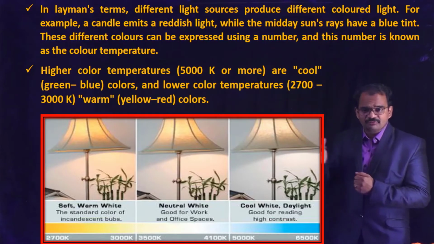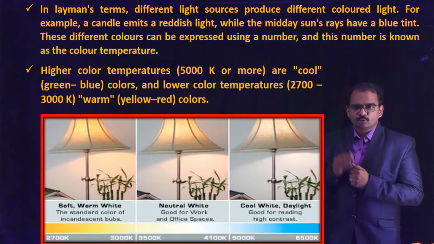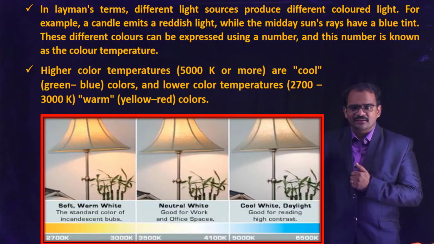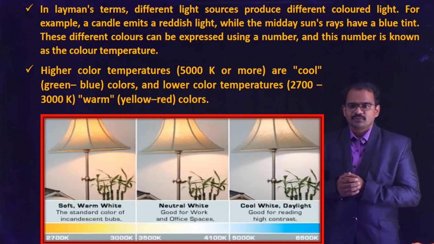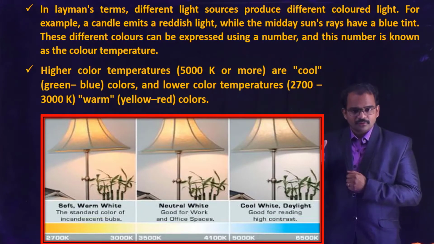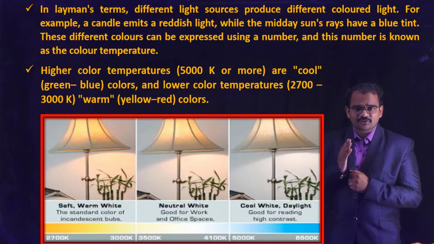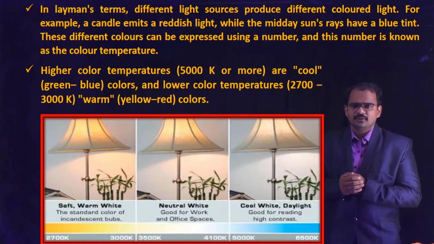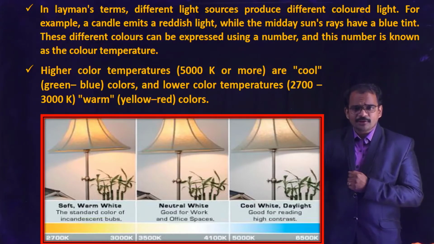As you can see in the figure over here, at 2700 to 3000 Kelvin, we can observe a light with low color temperature, and that light is a white light, of course, but it's a warm light. It appears slightly yellowish in color, and when you increase the color temperature to around 4100 Kelvin, then you can observe a normal white light.